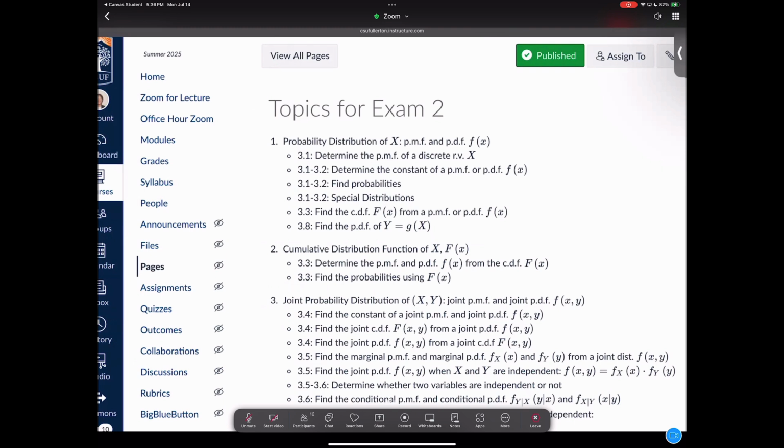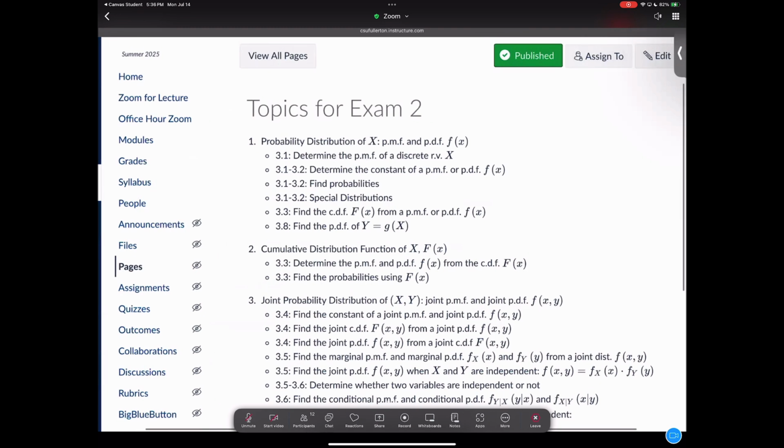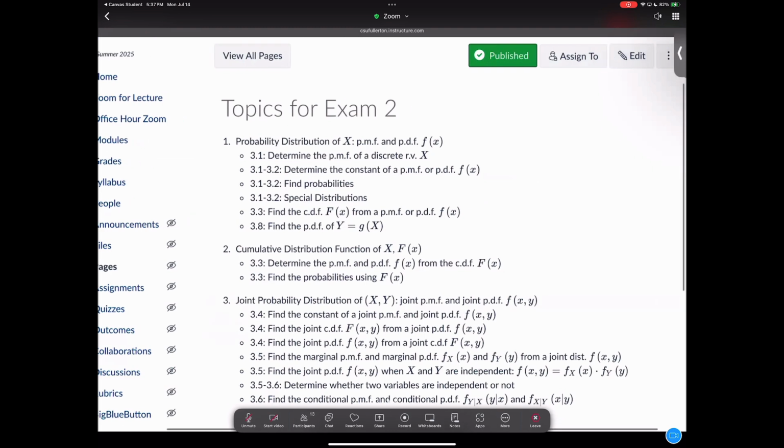Your homework questions are basically these questions. Can you get the PDF using the CDF, or can you get the CDF using the PDF? Anyway, all these questions are right here, so you might want to go check these topics for exam 2 as we move on.